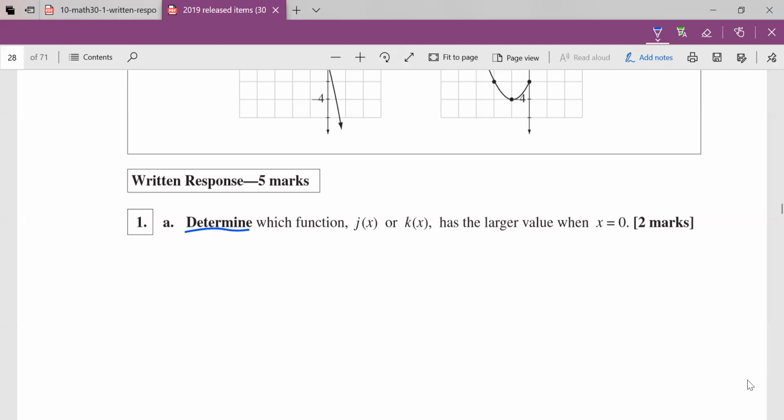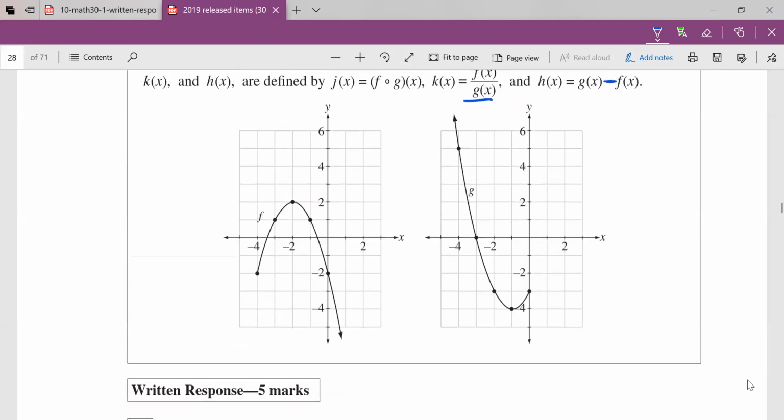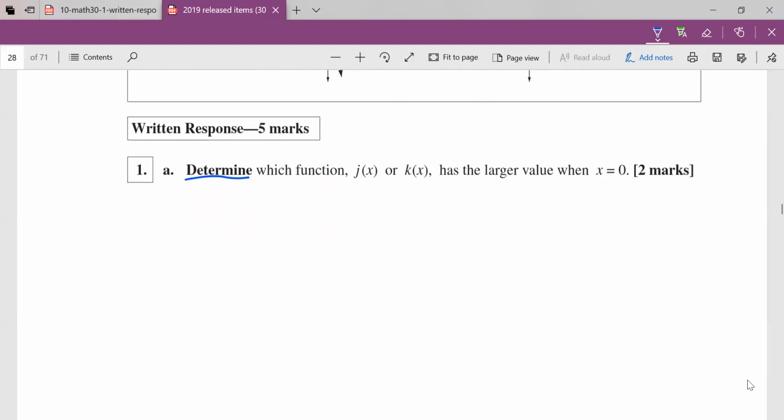J at x or k at x. And when x is 0. Well, j at x is this composition of f and g. So what we're going to do here is we're going to say j at x is equal to the composition of f and g, like that.